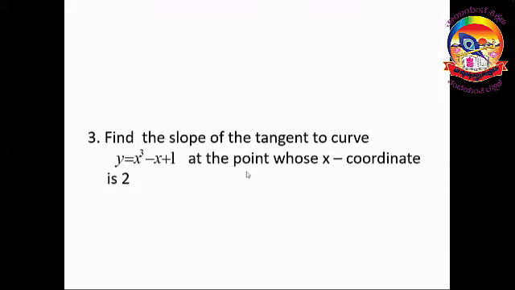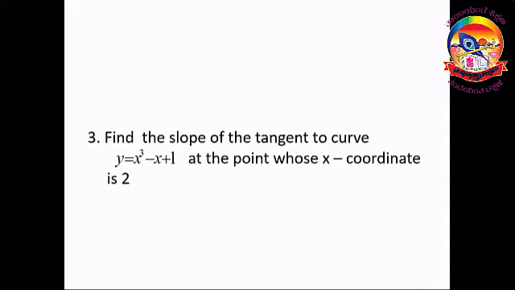Copy. Find the slope of tangent to the curve y is equal to x cube minus x plus 1 at the point whose x coordinate is 2. X coordinate means x value. Listen.